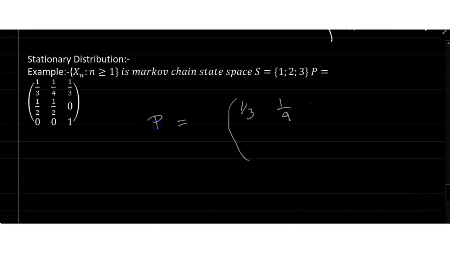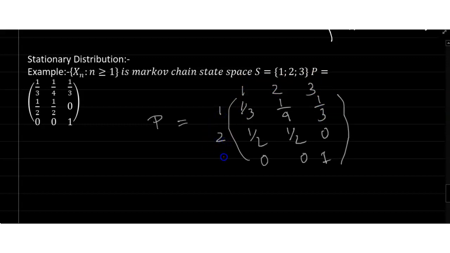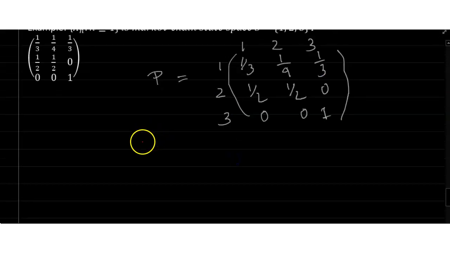P equals 1 by 4, 1. State space is 1, 2, 3. So I just draw the directed graph.